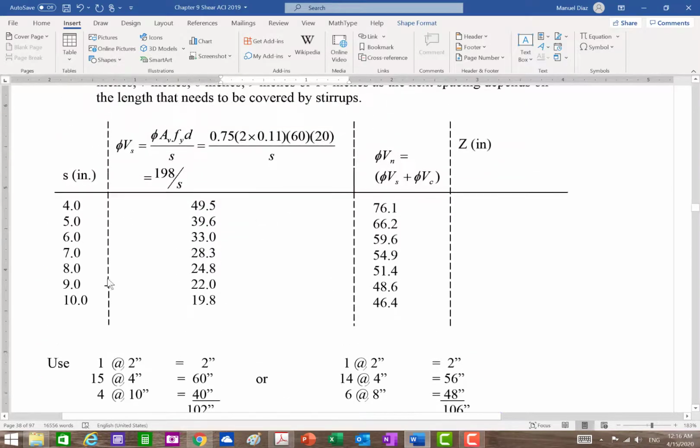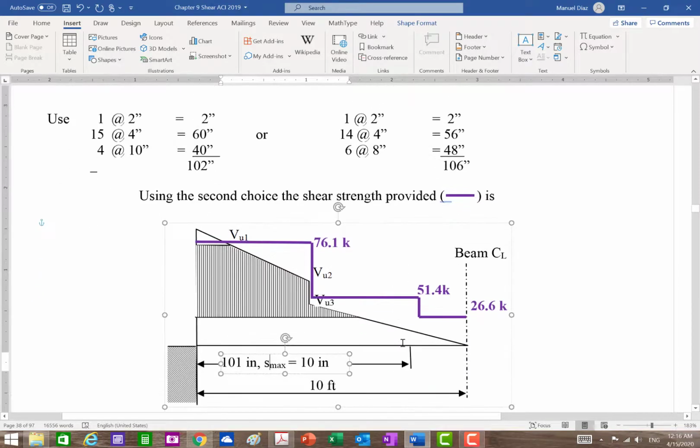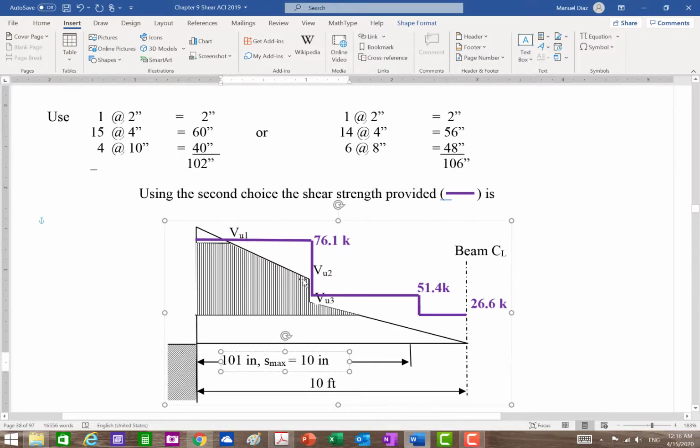How much is the strength of 8? 51.4. So you're dropping, and now you're providing 51.4, right? And then after that, you're going to drop and use only the concrete, which is 26.6. So that's the graph of the strength provided, right? And a table to select your values.